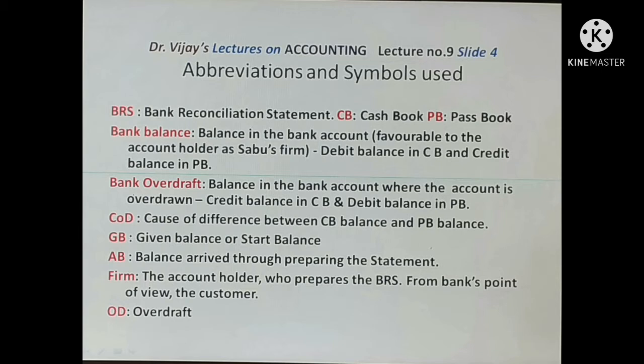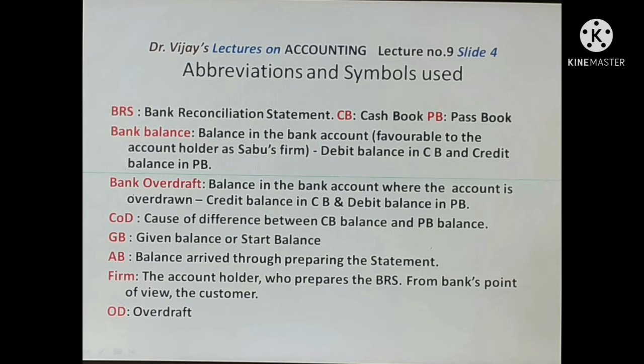Bank Balance, that is balance in bank account favorable to the account holder such as Sabu's firm. It will be debit balance in cash book, credit balance in passbook. Bank overdraft, balance in the bank account where the account is overdrawn. It will be credit balance in cash book and debit balance in passbook.